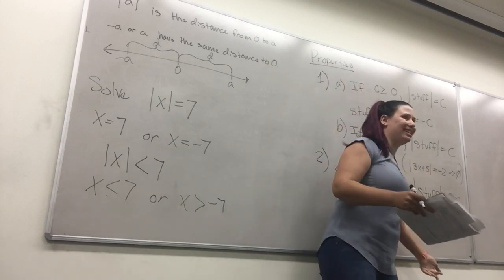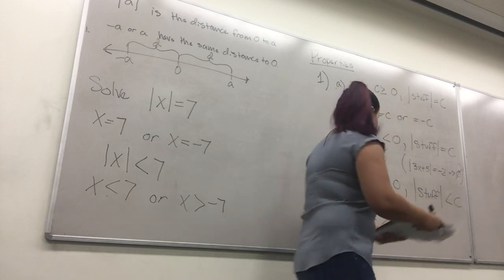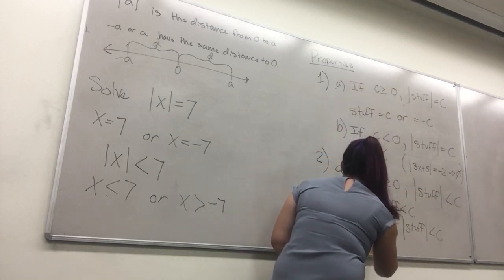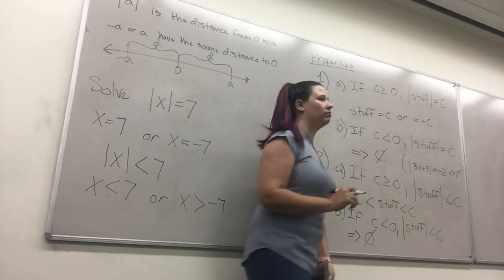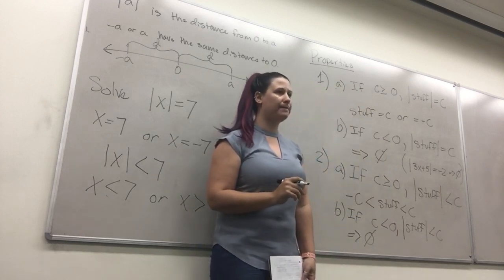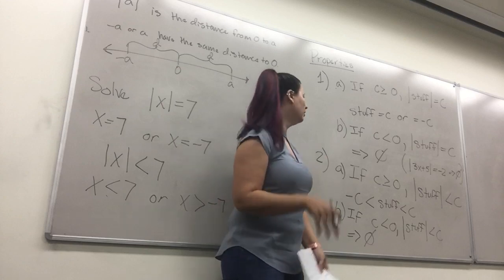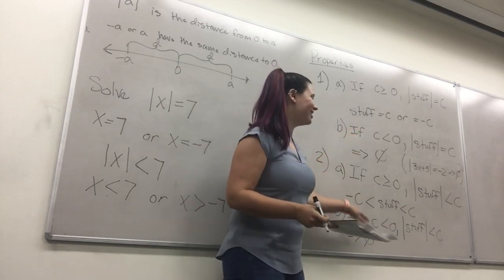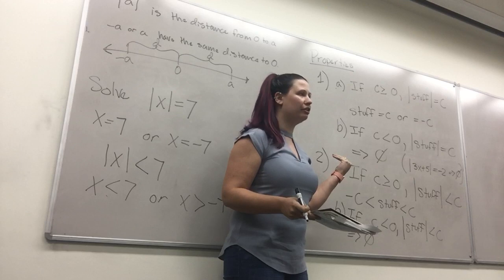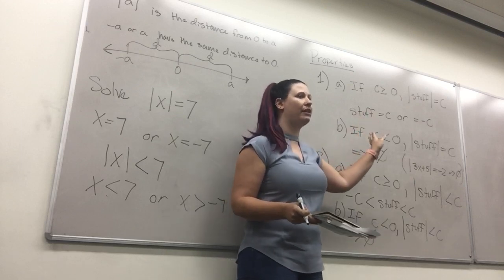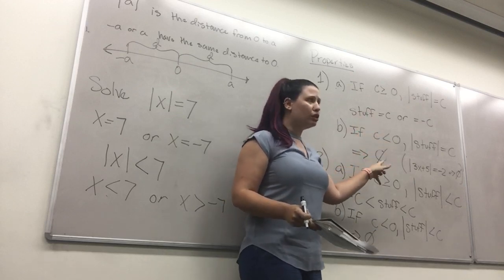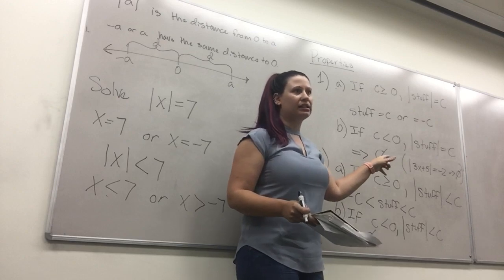So how could it be less than a negative number? So this is also no solution. So being equal to or less than a negative is no good. Just throw it out. You don't have to go anywhere with it. Those two, remember and recognize them.